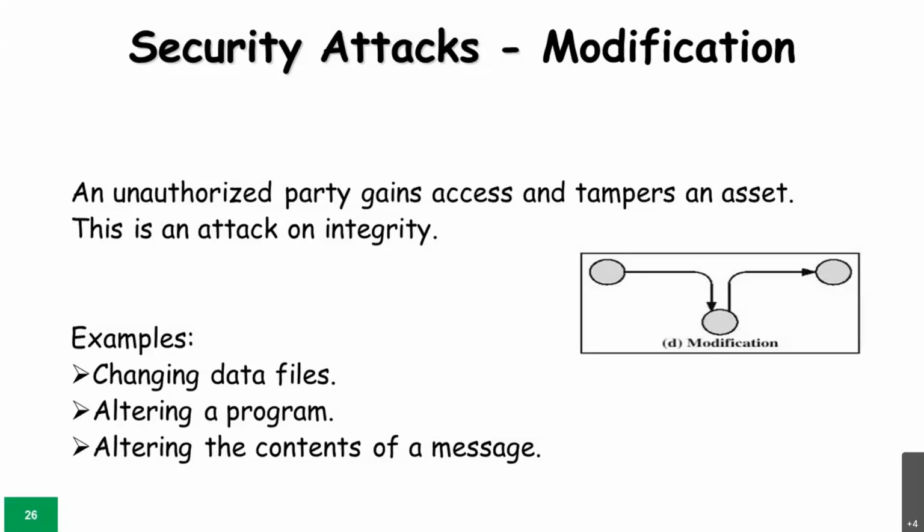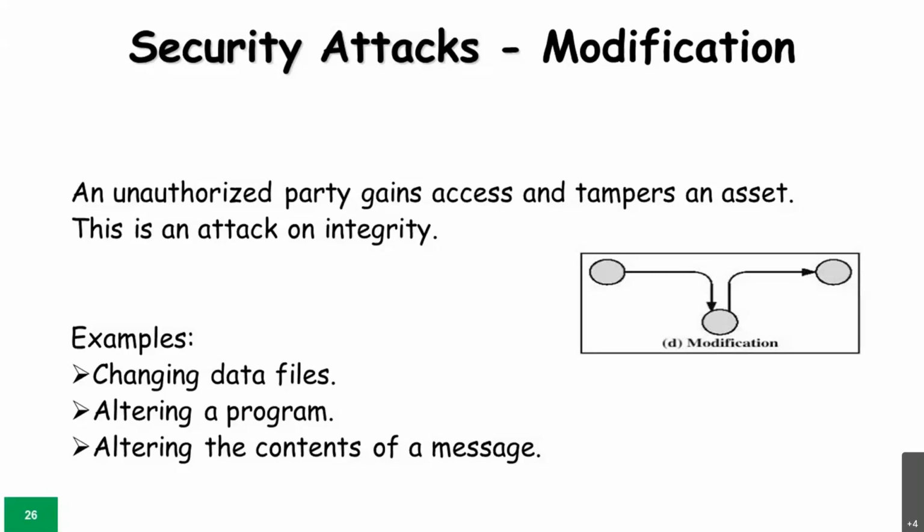Third one is modification. Modification is the attack on integrity. An unauthorized person or party or any device gets access and then tampers with the asset or data. So it is the attack on integrity. Here in the diagram, the sender has sent the data, but an unauthorized party has accessed this data and modified it, and after modification it has been sent to the receiver.